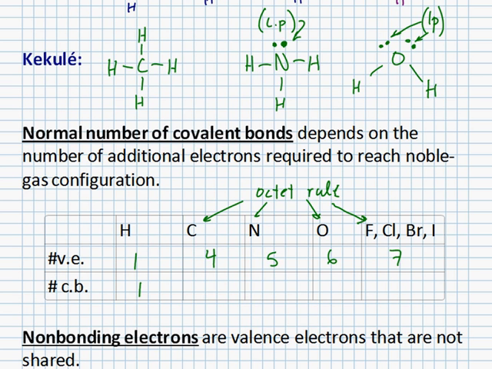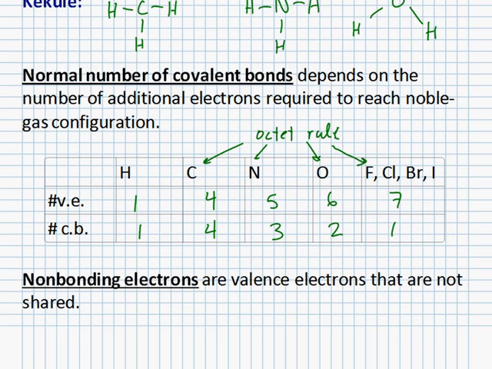Okay. The octet rule will be violated a bit sometimes in some of our other structures, but we can at least assume for now that the octet rule will apply to CNO and F. Okay? So those 4 in the second row. So carbon then, in order to get up to 8, it makes 4 bonds, nitrogen makes 3, oxygen makes 2, and the halogens generally make 1. Fluorine will always make 1 bond. Chlorine, bromine, and iodine can actually make more. So this is just a starting point.